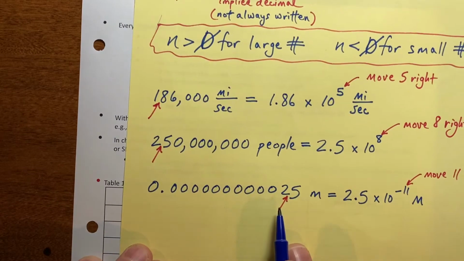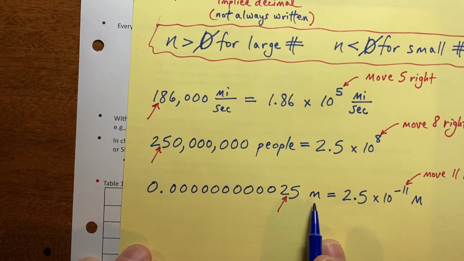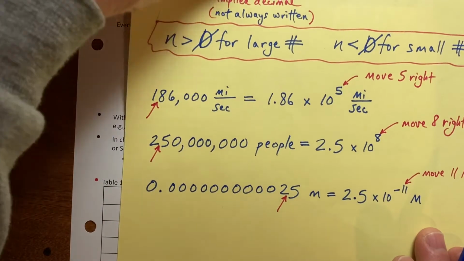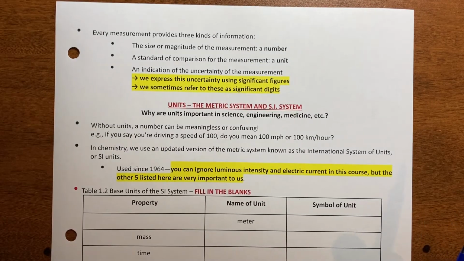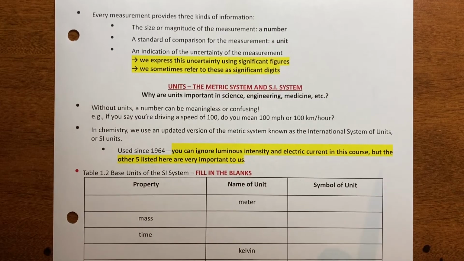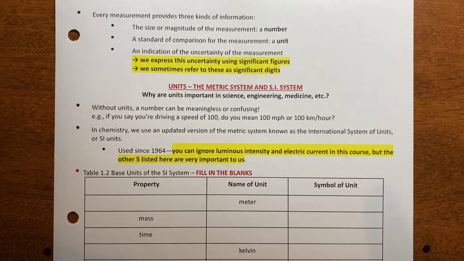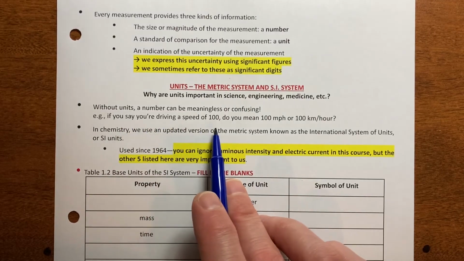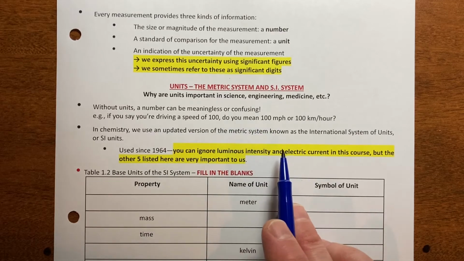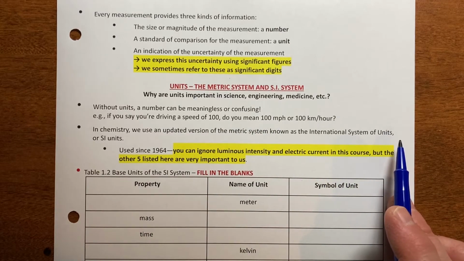This really small number, without the unit m, meters, is meaningless. That's why units are just as important as the number part. So make sure you always write the units in your calculations so that we're not confused by what you're trying to say. Without units, a number is meaningless. So if you're driving 100 miles an hour, do you mean 100 miles per hour or 100 kilometers per hour?